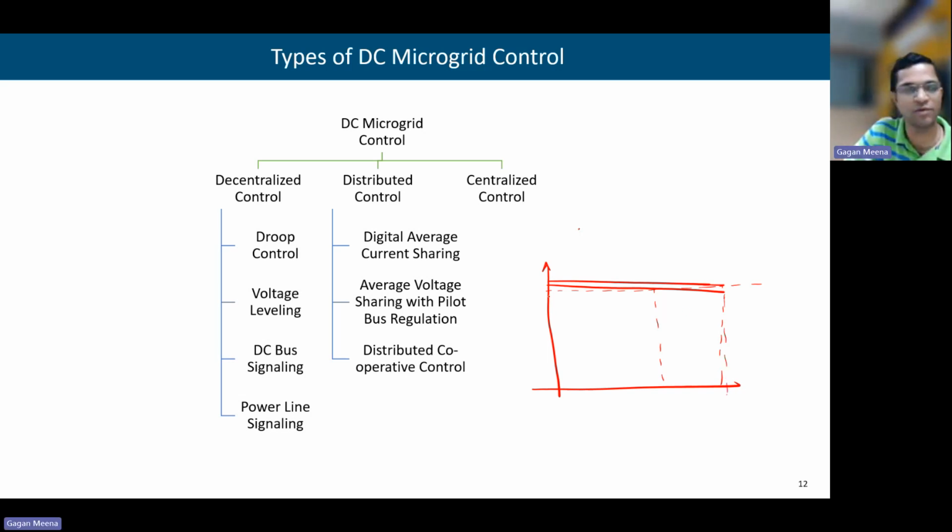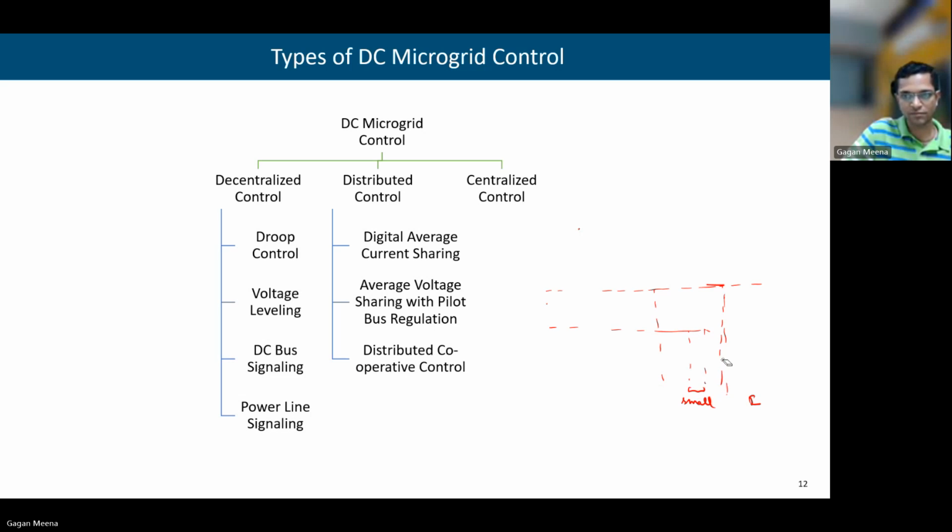But when droop is more, the same for larger droops, the difference in current will be very small. This is I and this is B. So this is a drawback of the conventional method.